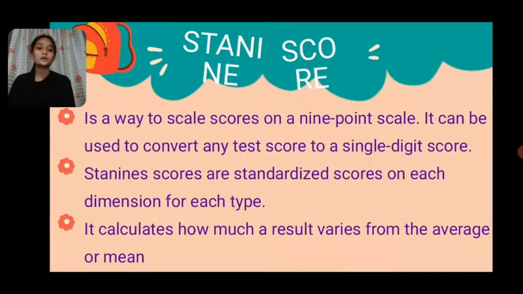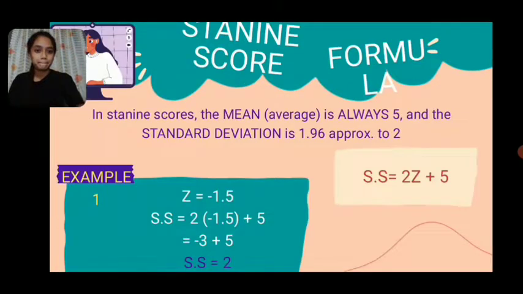It calculates how much a result varies from the average or mean. In standard scores, the mean or average is always 5 and the standard deviation is 1.96. Just like the t-score, the mean and the standard deviation are already given. So the formula that we will use in solving the standard score, SS, is equal to 2Z plus 5. I have here an example.